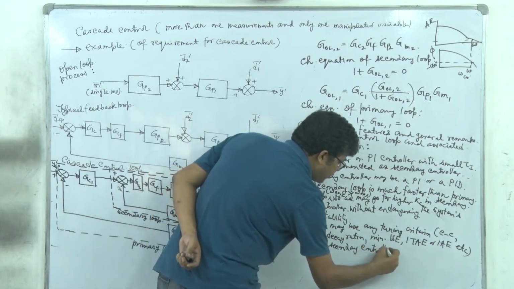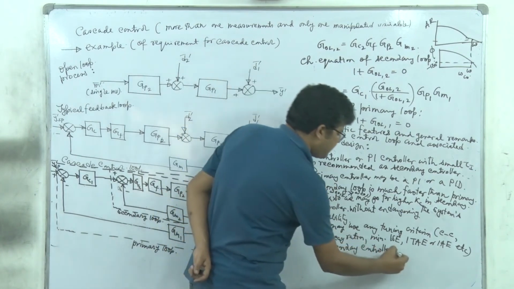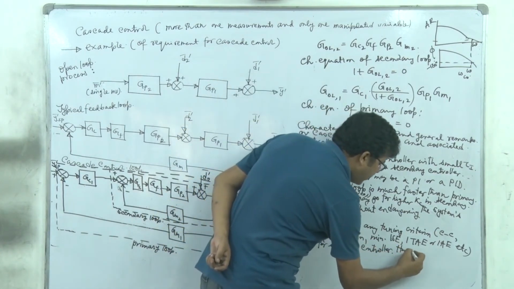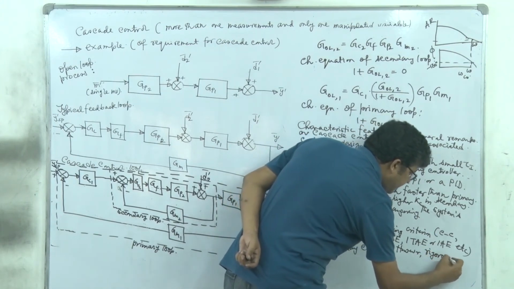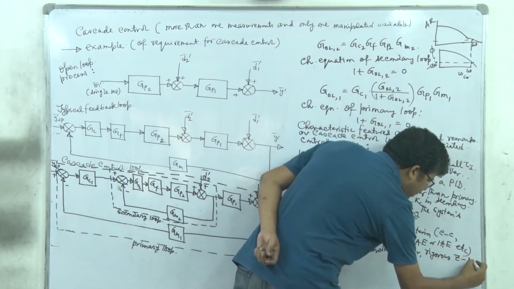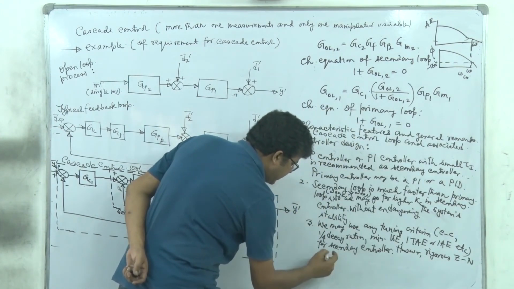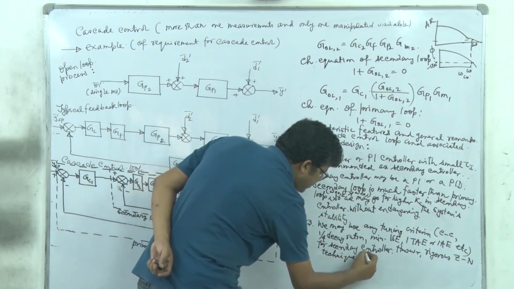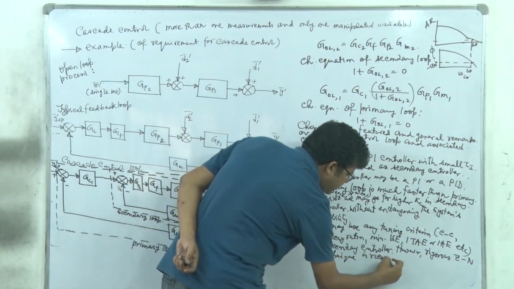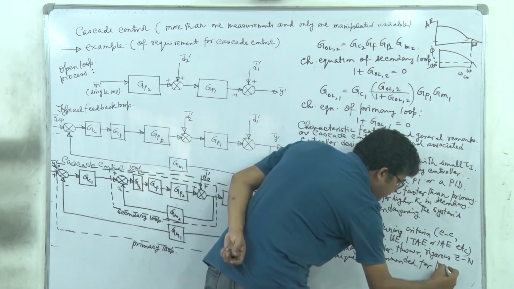For the secondary controller, we can use any tuning criteria. However, the rigorous Ziegler-Nichols tuning criteria or technique rather is recommended for the primary control.